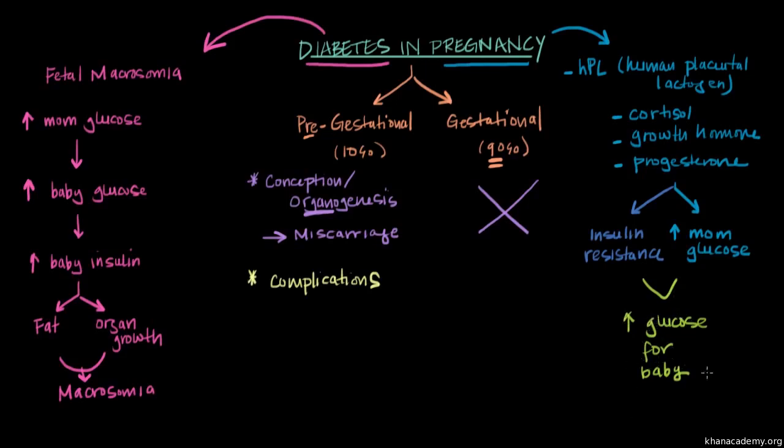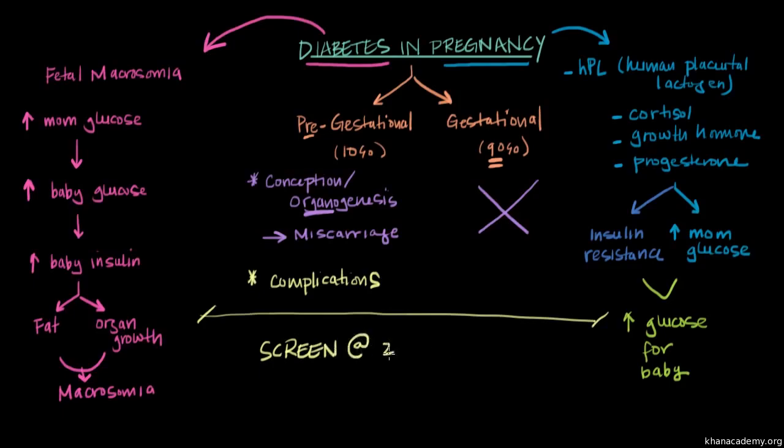So, given that diabetes can cause all of these complications for mom and baby during pregnancy, it goes without saying that we do our absolute best to screen for it during pregnancy. So for women who have a normal risk of having diabetes, we do a routine screen, right? So for all average women, we do a routine screen around 26 to 28 weeks into the pregnancy.